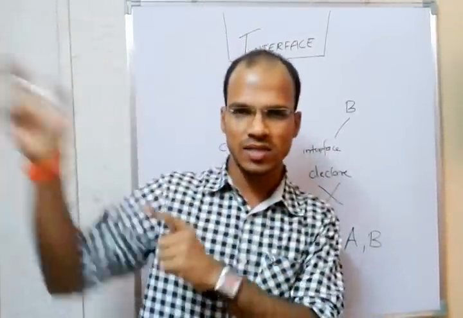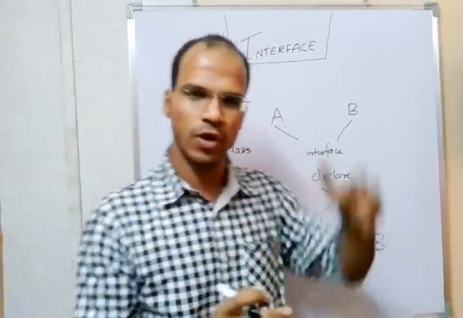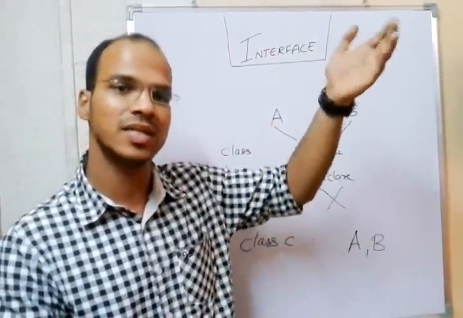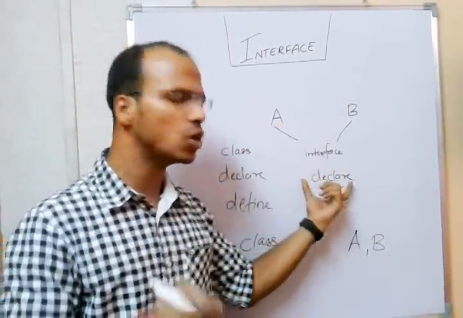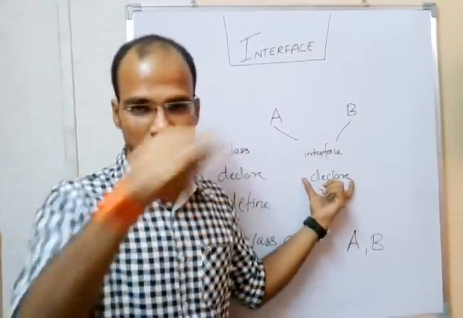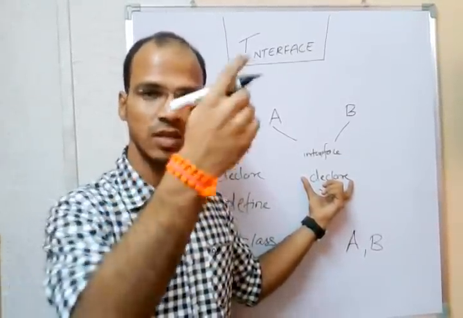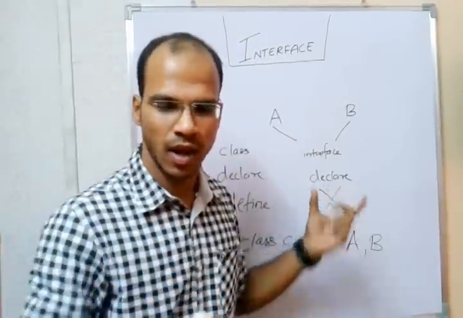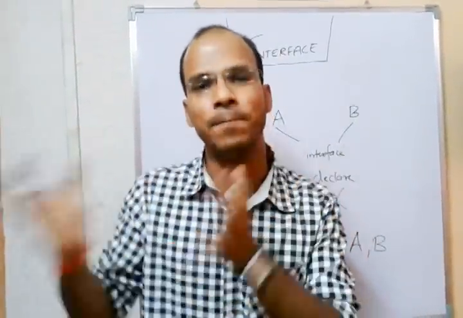When you go for class and class, it is extends. When you go for interface and class, it is implements, because in an interface you only declare, so a new class using that interface will be defining it, or in different terms, implementing it.